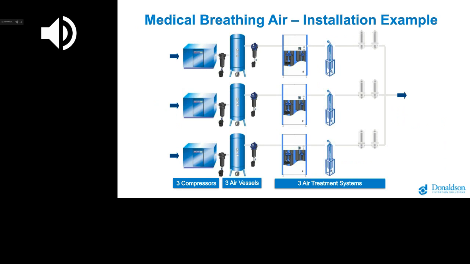Now we are coming to another solution based on another product. I would like to highlight this as a best practice, which we installed recently in a hospital in the Northern Europe countries somewhere. This is a system using 3 compressors and 3 purification lines.